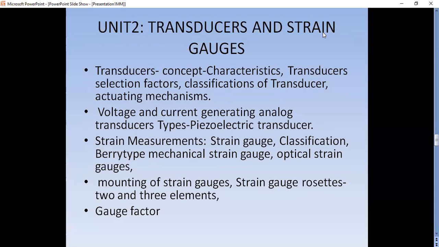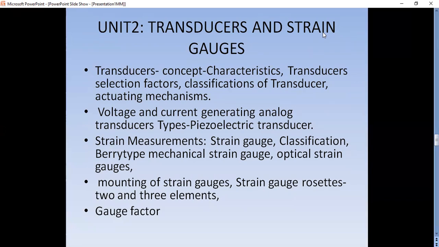In the second unit, you have transducer concepts, characteristics, transducer selecting factors, classification of transducers, activating mechanisms. Then we will be able to study voltage and current generator analog transducers and the different types of transducers like piezoelectric transducers.